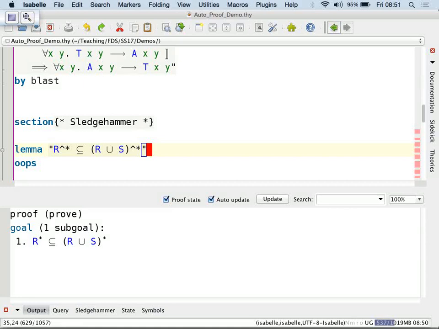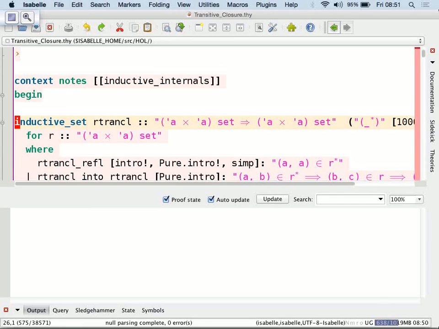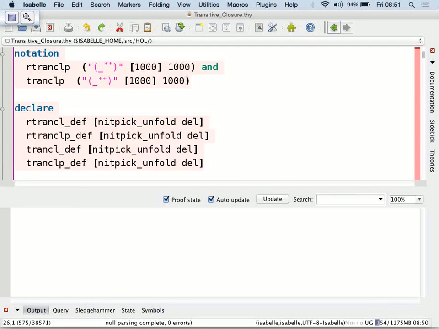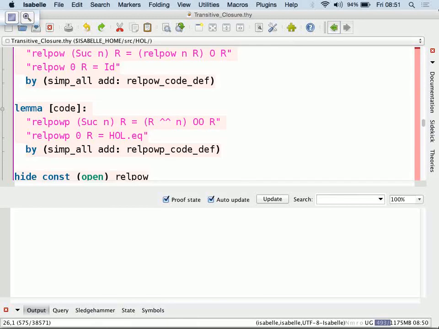But if you were to prove this by hand, you would have to go back, where is this thing defined? You can click on it, and you're taken to the theory transitive closure, which is part of main, and there is an amazing amount of material in there.